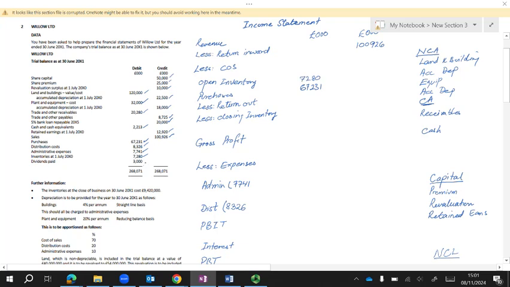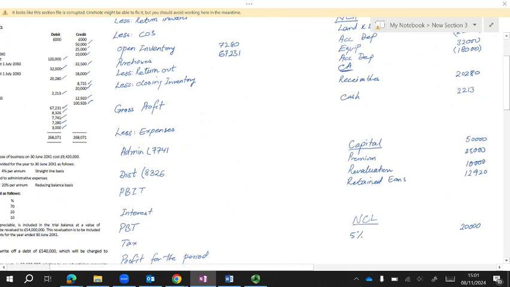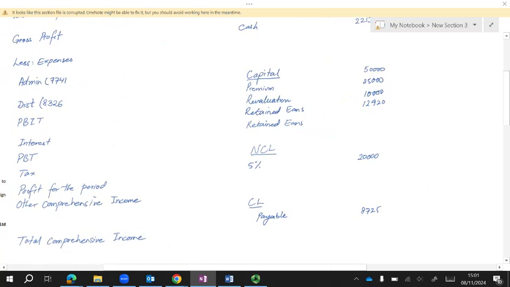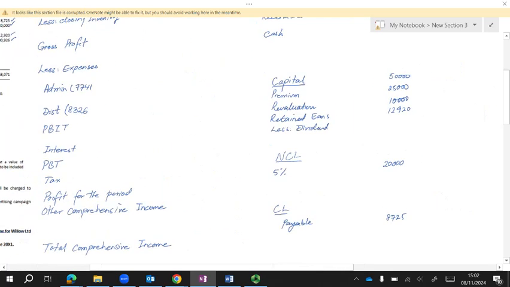And then we have dividend paid, which is £3,000, and dividend will be paid out of the retained earnings. So I'm going to write over here retained earnings. Oh yeah, we can subtract straight away less dividend, and the amount is £3,000.